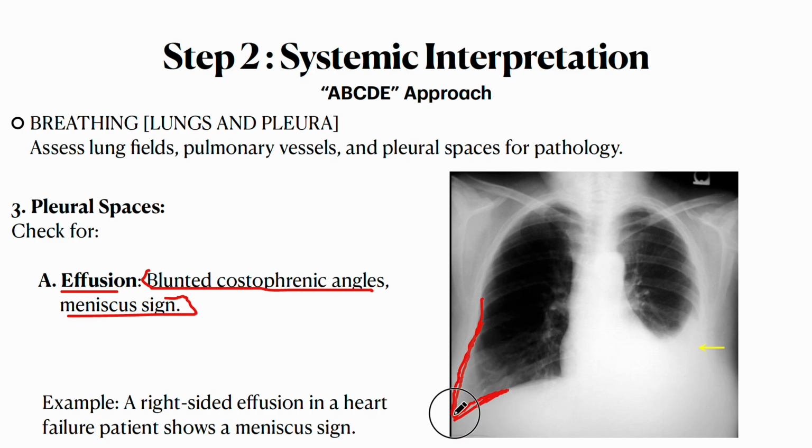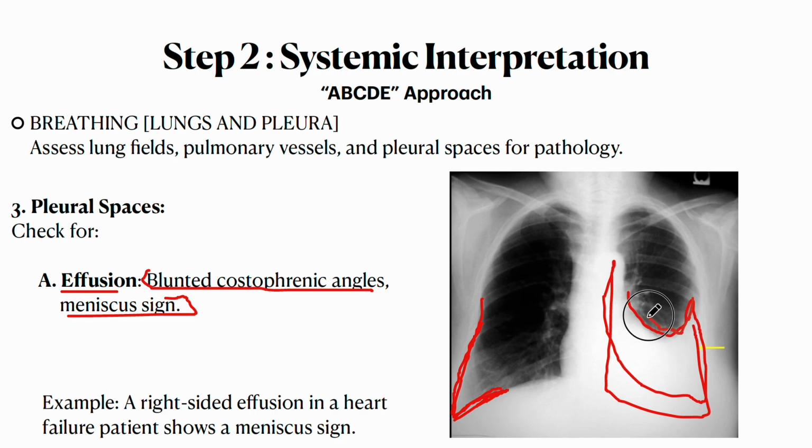So this is sharp in here, but here is the pleural effusion, right? This is extensive pleural effusion. So here is blunted costophrenic angles, and also this is a meniscus. This is forming a meniscus like this. Can you see it? So meniscus sign and blunted costophrenic angles mean effusion.